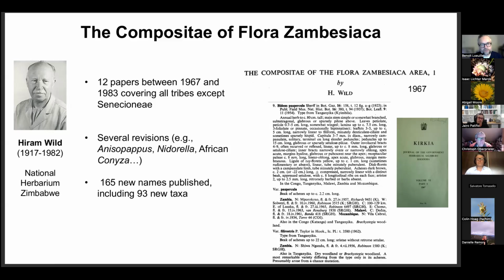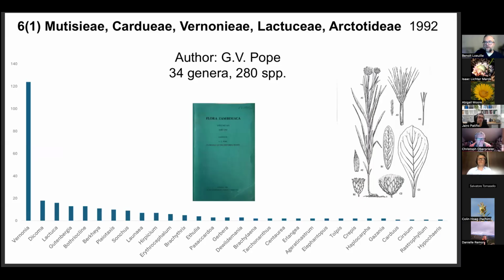He also published several taxonomic revisions like Anisopappus, Nidorella, the African Conyza. In total, he published 165 new names of Compositae, including 93 new taxa. But we had to wait until 1992 to have the first part of volume 6 for the Asteraceae.